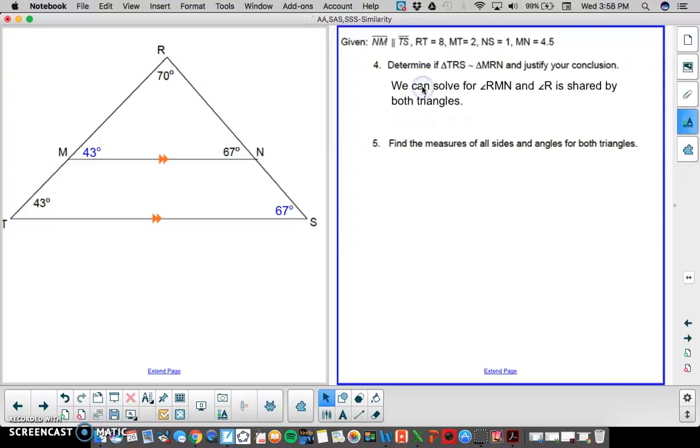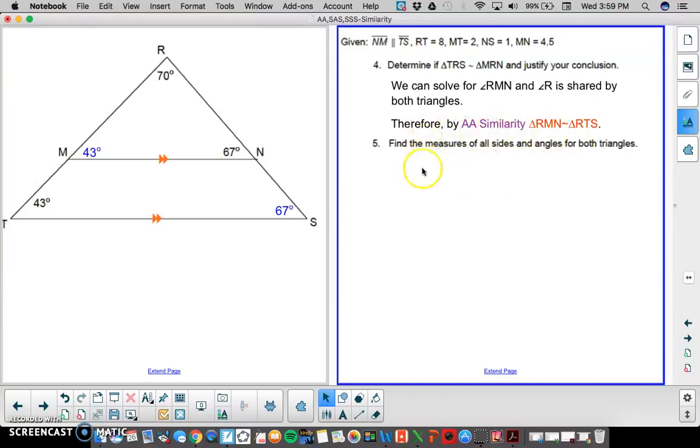So we can solve for angle RMN, which was 43, and angle R is shared in both triangles. Notice that R is a vertex for both triangles. So by the AA similarity theorem, we know triangle RMN is similar to triangle RTS. Notice we could have written that statement differently as long as our pieces still match up.